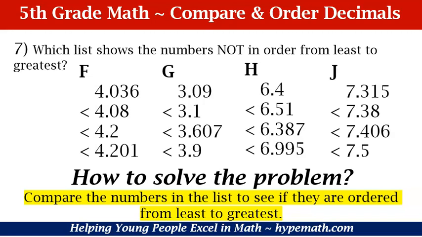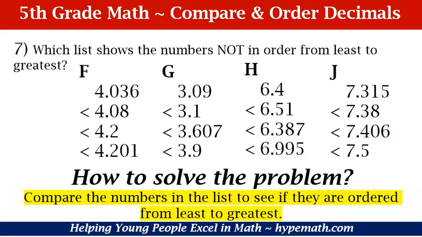Let's look at J. Looking at J, our decimals are lined up correctly. We look at the ones place. All of the ones place values have a 7. We are going to move to the right to the tenths place. There are two numbers that have the same number, and then there's one number that has a 4 and one number has a 5. So let's deal with the two numbers that have a 3 in the tenths place.